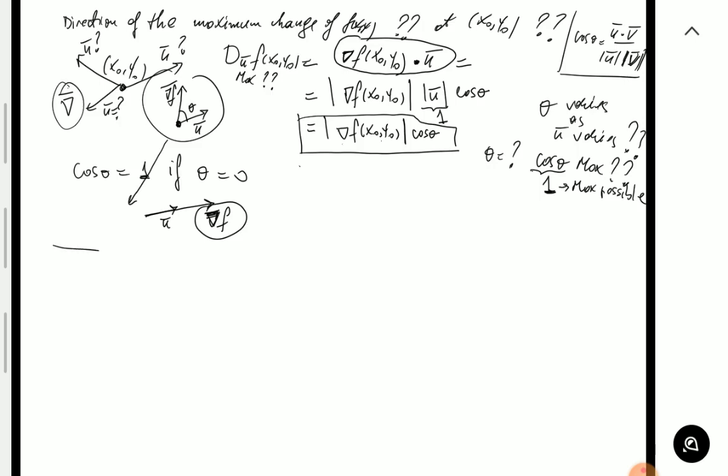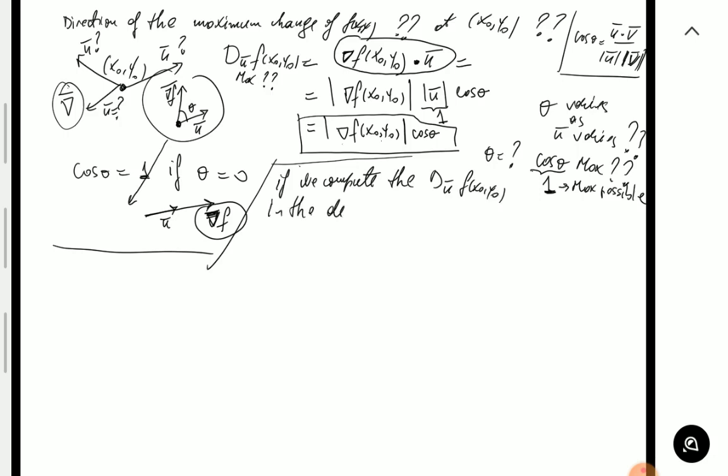So now we can answer the question, right? If we compute the directional derivative in the direction of the gradient, we obtain the maximum possible value for this directional derivative.